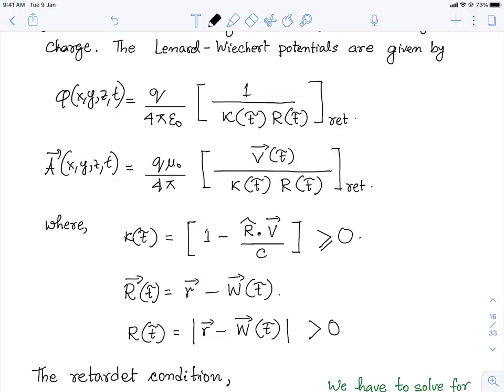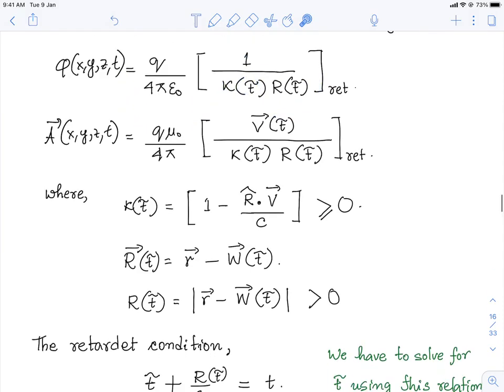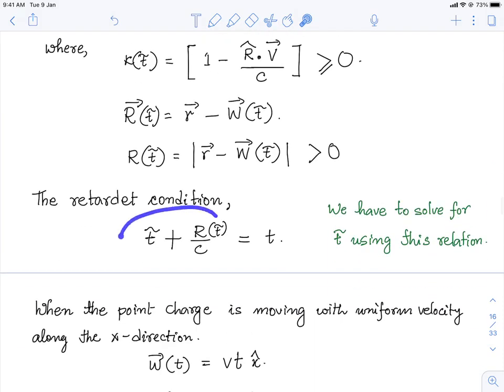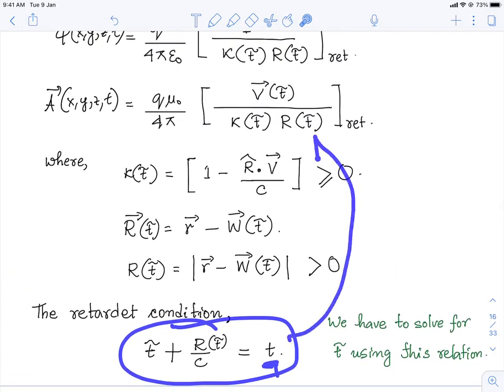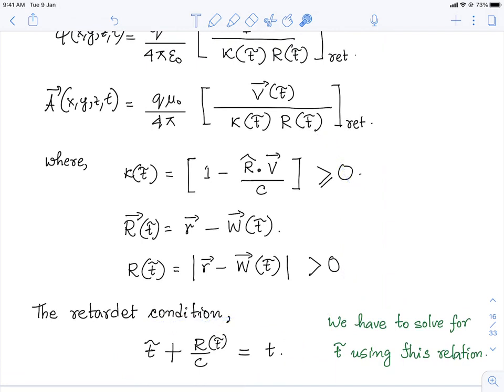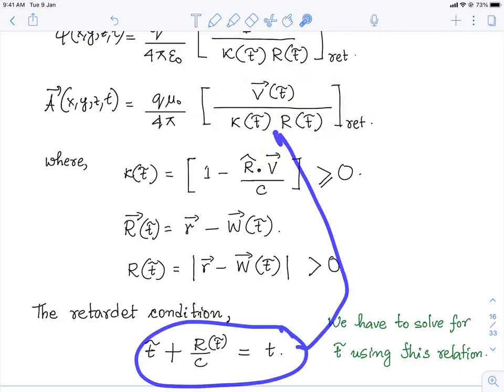But these objects inside are not functions of the same t. They are functions of t tilde. And what is t tilde? You have to solve this equation for t tilde in terms of t and then plug it back into this expression. So these are functions of t tilde, so you have to evaluate them at t tilde, and then solve here and plug it back in.